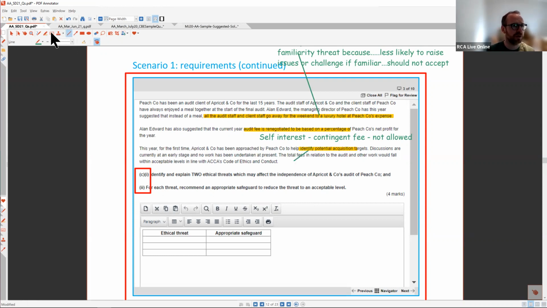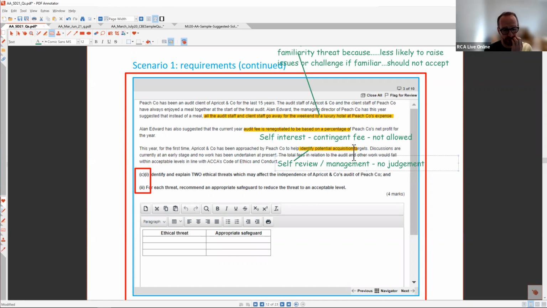This is primarily self-review, and within that, what's called management threat. So acting in the interest of management, or acting as management, making judgmental decisions. So you cannot make judgmental decisions. However, this is advice.